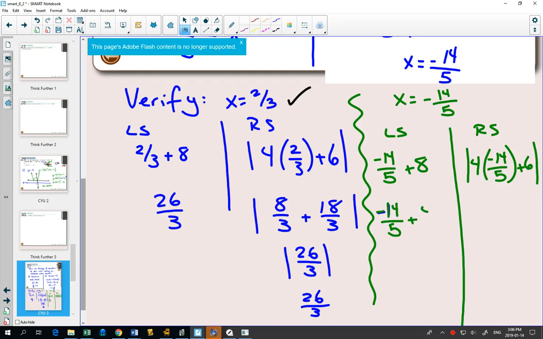Common denominator. This side is 26 over 5. And here, oops, not.